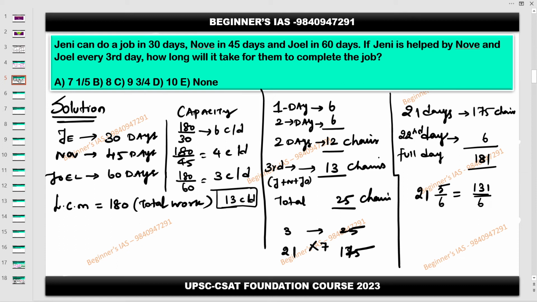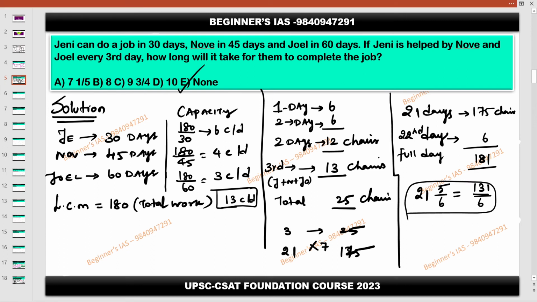How long will it take to complete the job? Okay, the answer is 21 and 5 by 6. So that is not in the options. Yes, sir. Okay, then the option is E. Done.